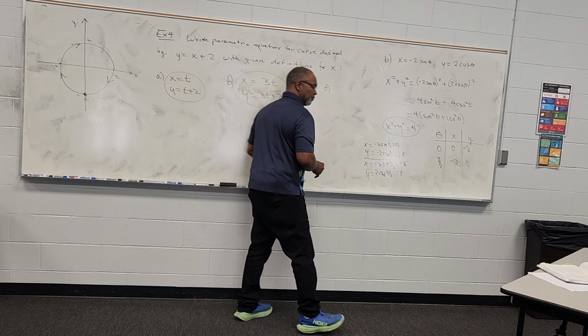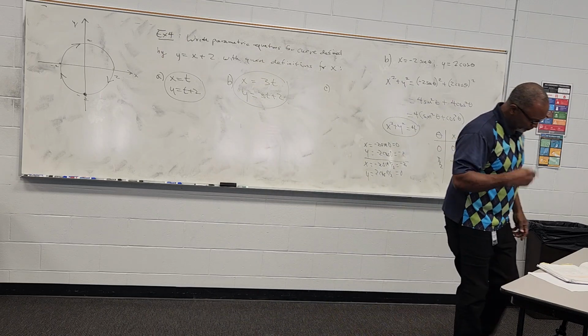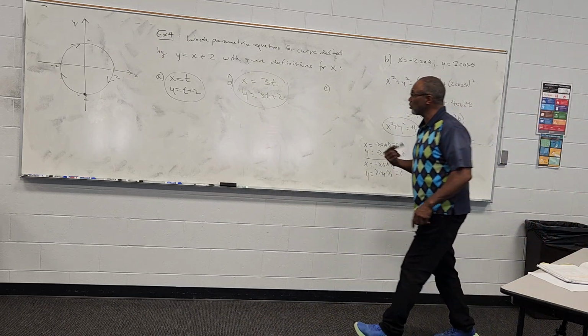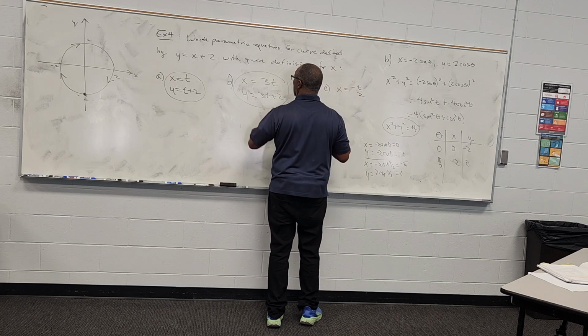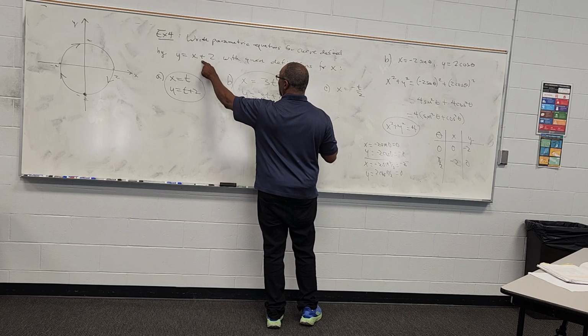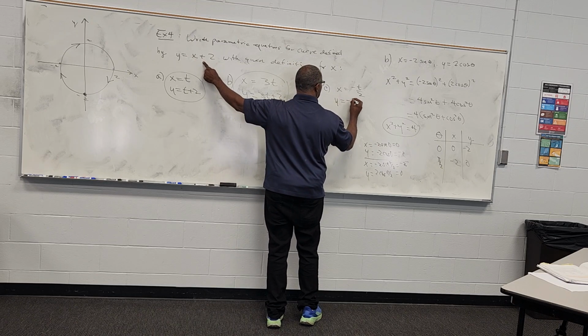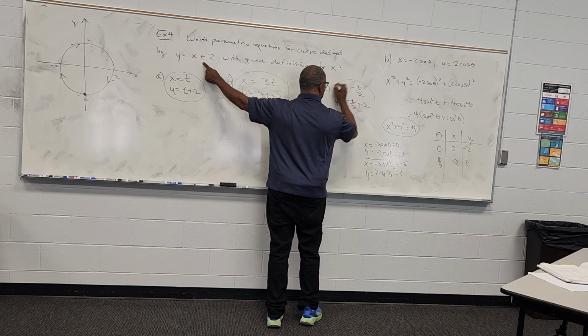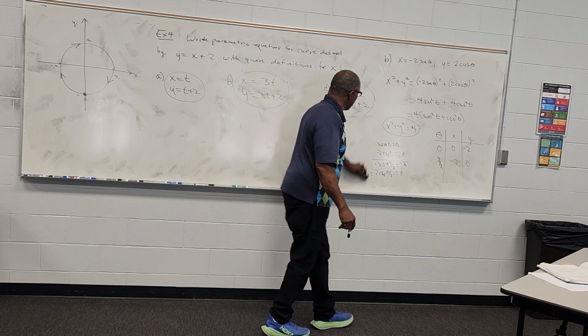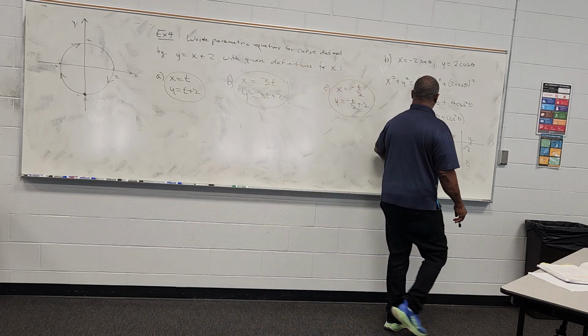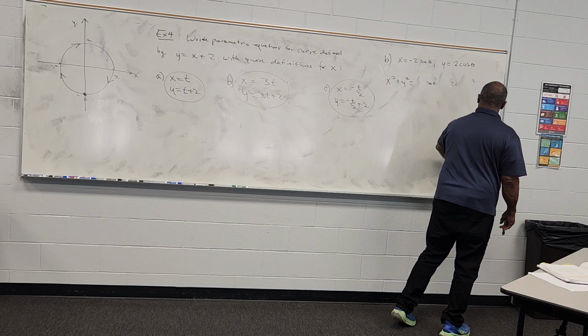And finally, C, they say x is negative t over 2. Well, when x is negative t over 2, again, y is x plus 2, so y will be negative t over 2 plus 2. There would be my set of parametric equations. So writing the parametric equations for different parameters is pretty easy.